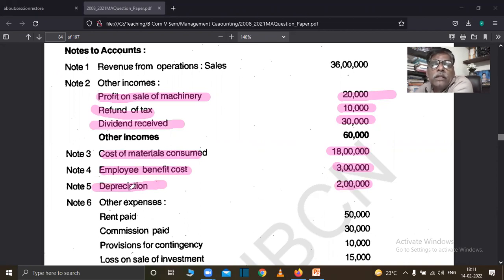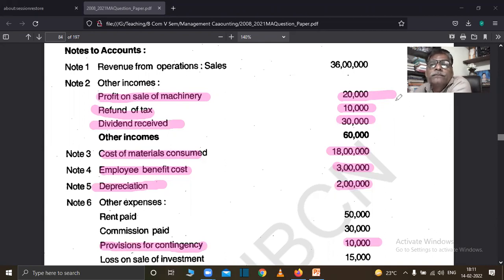First item related to addition is depreciation. Then rent paid is related to operation. Commission paid is related to operation. Provision for contingency is not an operating expense. It is not a cash expense. It is a non-cash expense. So this is the second item of addition.